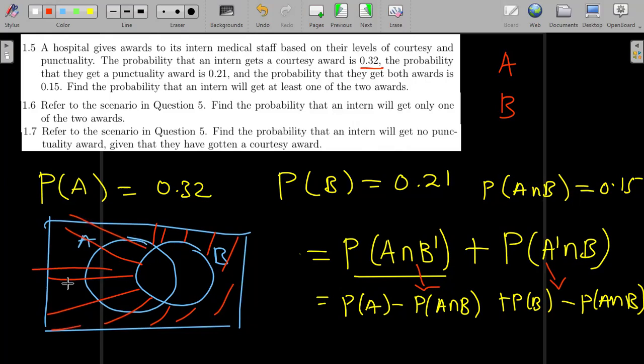So I want to intersect this red part with, let me choose green, the green part. The red part indicates all the values that are outside B, and the green part indicates all the values that are in A. So where do the green lines and the red lines meet?